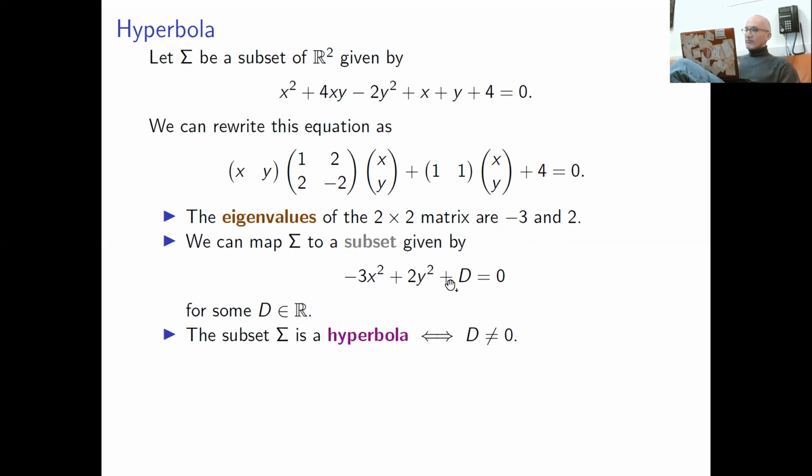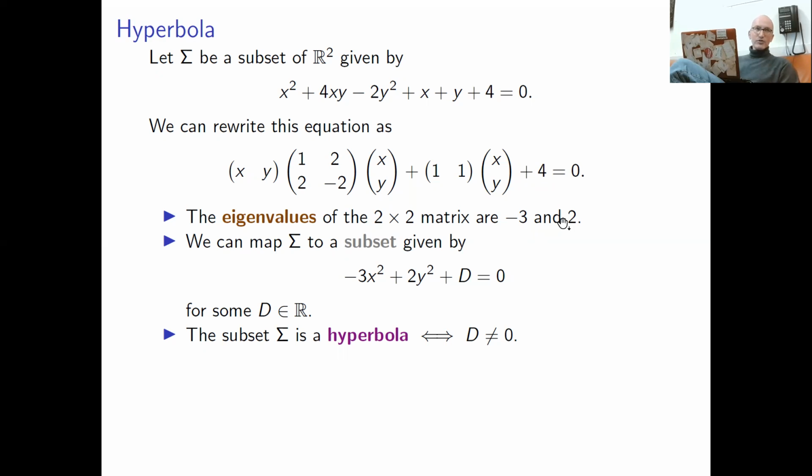So if d is 0, this is the union of 2 intersecting lines. If d is not 0, this is a hyperbola. Basically, these 2 options tell you that it's very unlikely that d is 0, if you randomly take a curve like this, such that the eigenvalues are of different signs.